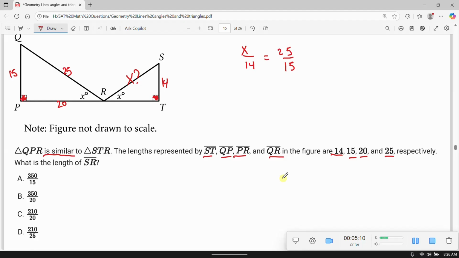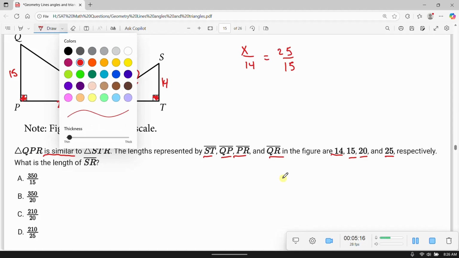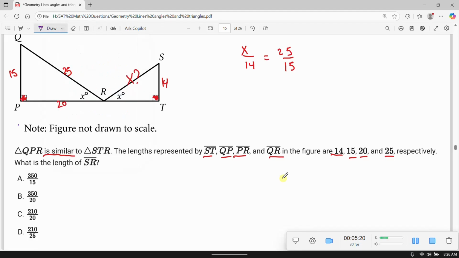Sometimes people make mistakes when they set up these proportion equations. So make sure that when you set up proportion equations, you match them up. What I mean is if x is the hypotenuse, then you're going to go with the hypotenuse. And this is the height of that smaller triangle, which would go with this height.